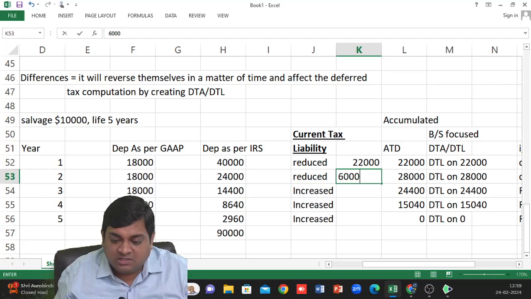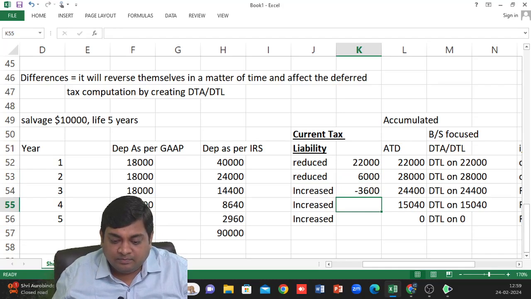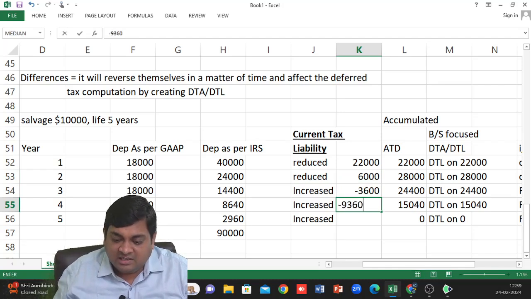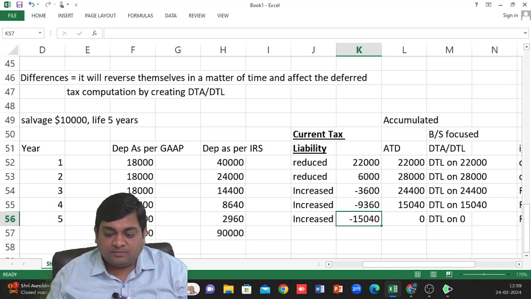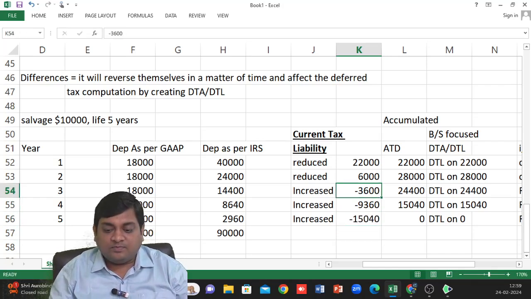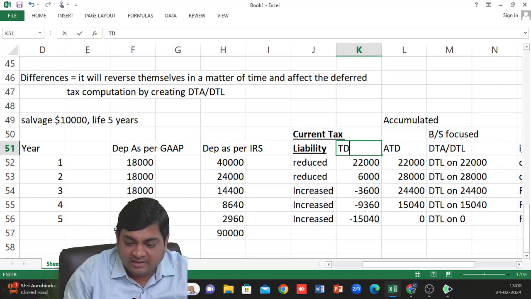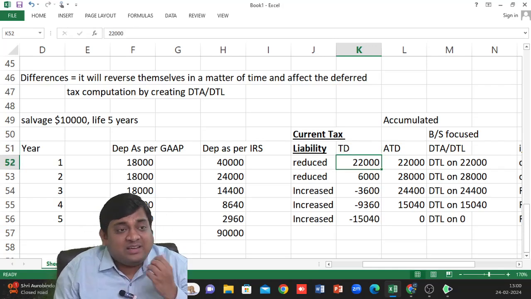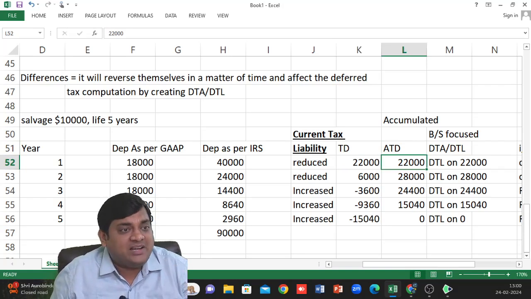Here the difference was 6,000. Here it is minus 3,600. Here it is minus 9,360. It is minus 15,040. Right? So this is TD. But when we create deferred tax asset or liability, we always take accumulated TD.